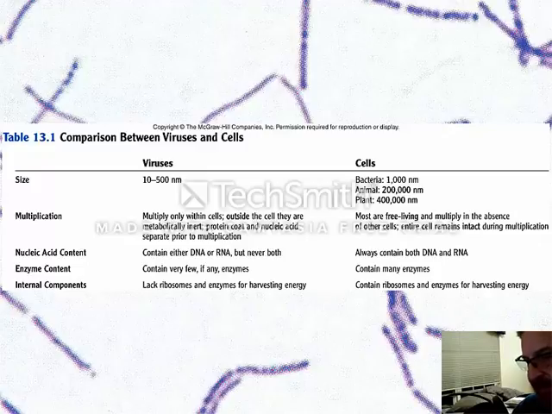In terms of having internal components, viruses don't have any. Okay?